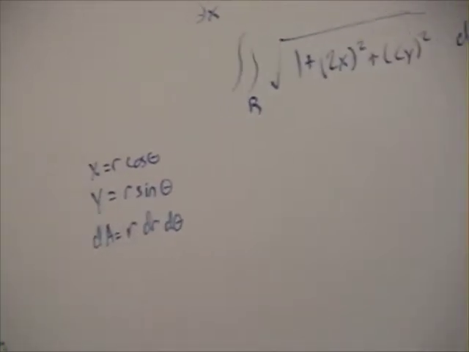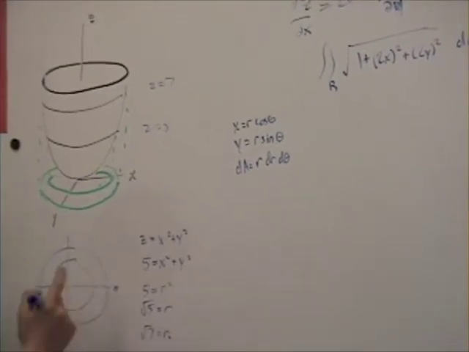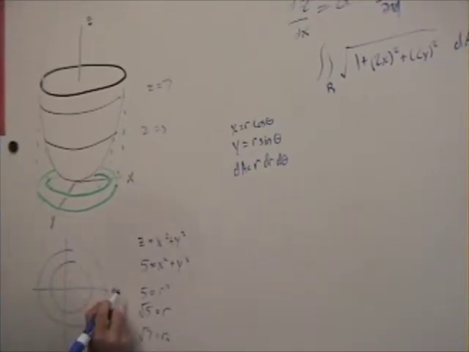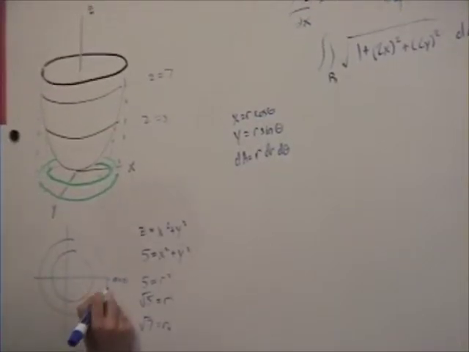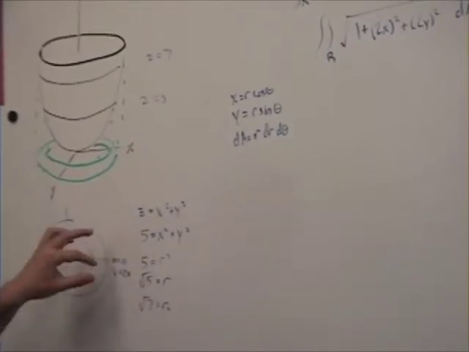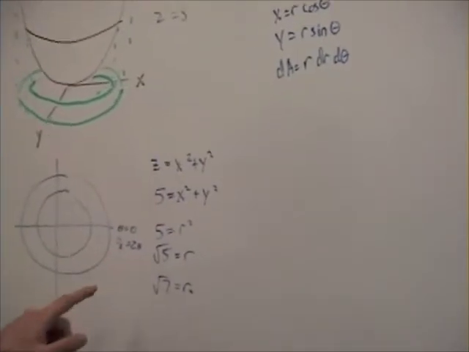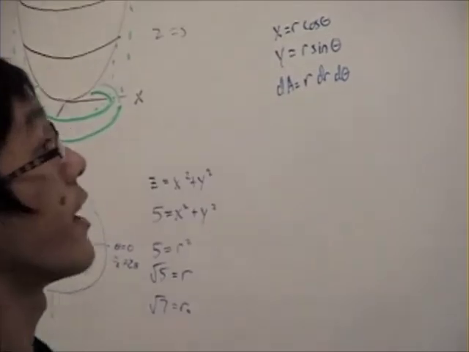We also need our theta limits: to go all the way around in polar, we do theta from 0 to 2 pi. So our new limits are 0 to 2 pi for theta, and root 5 to root 7 for the radius. Now we can convert everything to polar.